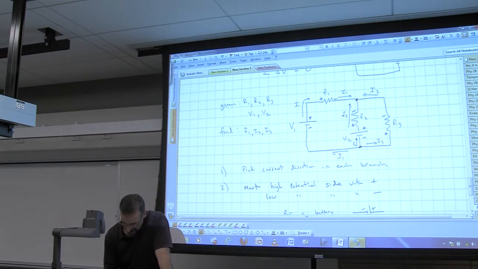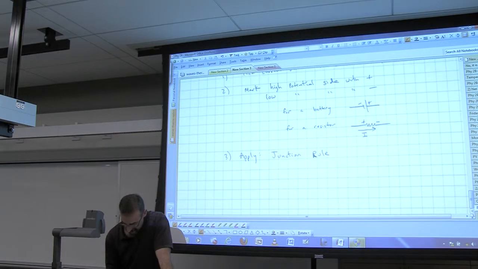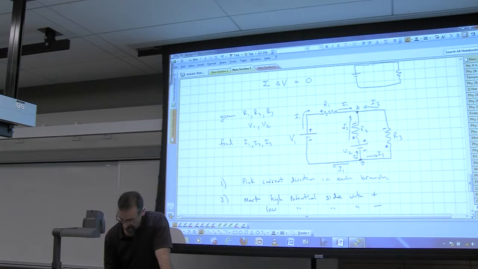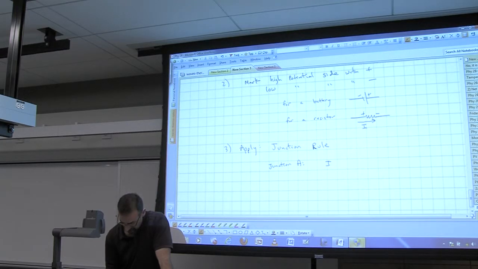I'll call the one at the top junction A, the one at the bottom junction B. Junction A says the sum of all the current in, what's going in? I1 plus I2 plus I3 has to equal what's coming out, which is 0. Okay?